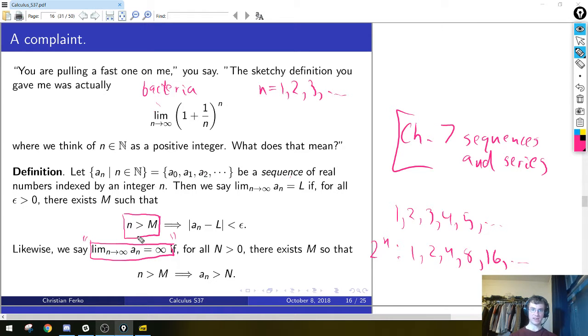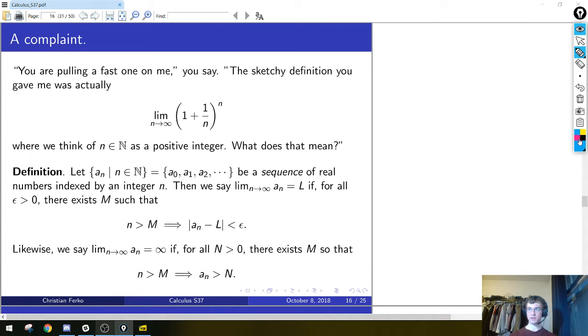But we say that that's true if for any large number N greater than 0, you can pick a large index m, so that whenever the index n of your sequence is larger than m, then the number in the sequence will be bigger than this N. So this is just like the limit at infinity definition for functions, but now the condition has to do with the index rather than the input variable x. Okay, just a preview, but good for self-respect to make these definitions sensible.